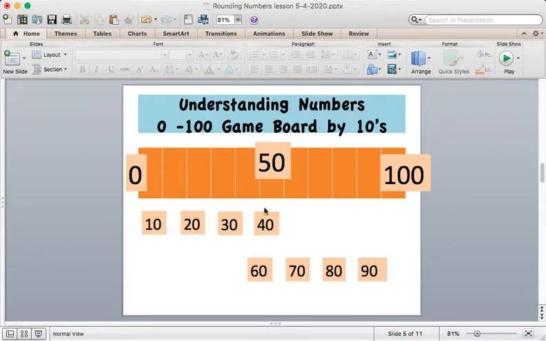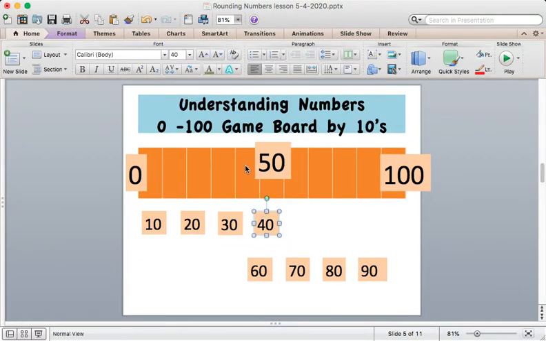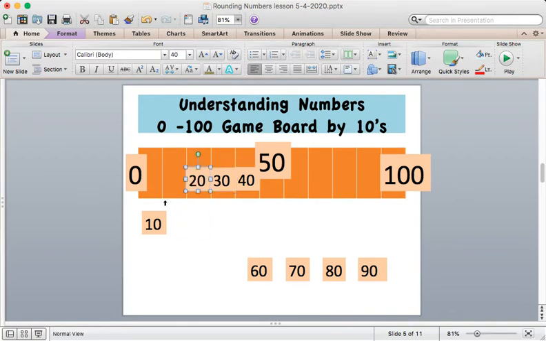So before 50, we have 40, we have 30, we have 20, and we have 10. Very important to know that these go in these spots. These are the numbers that fall in the tens before 50. They're lower than 50.